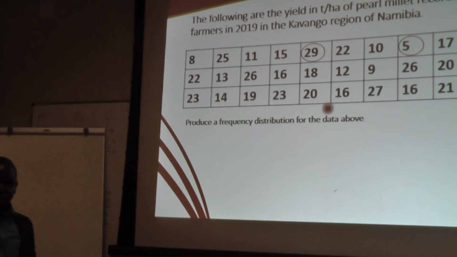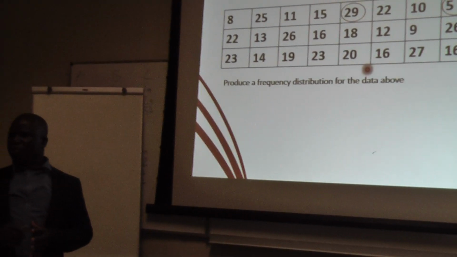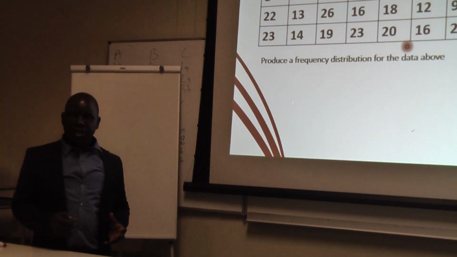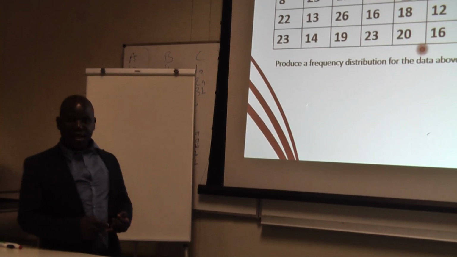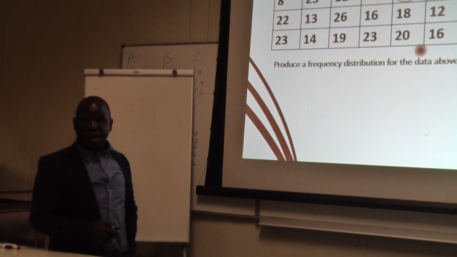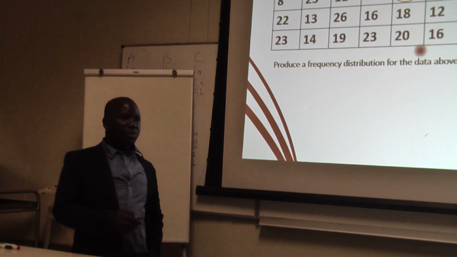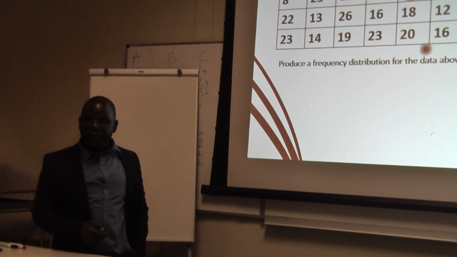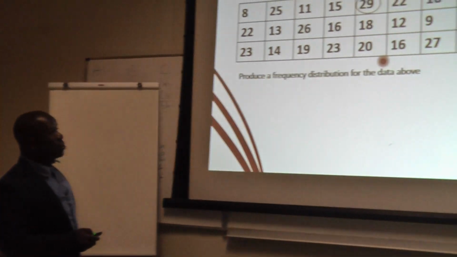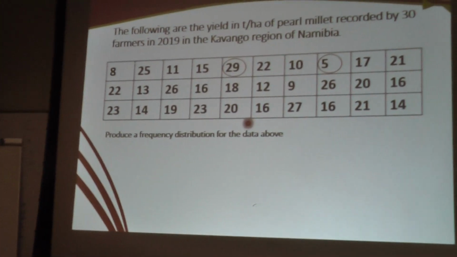From the frequency distribution table, you are able to produce an array of graphs that are suitable for quantitative data, including the histogram, the ogives, that is the less than ogive and the more than ogive, and also the stem and leaf, the box and whisker, and so forth. So from here, we are going to show how to group this data.